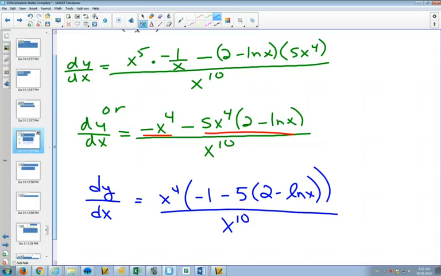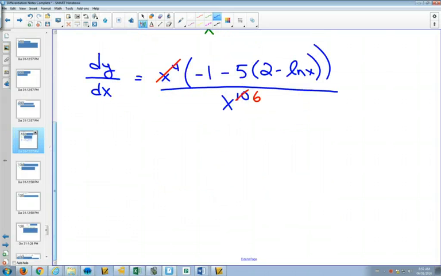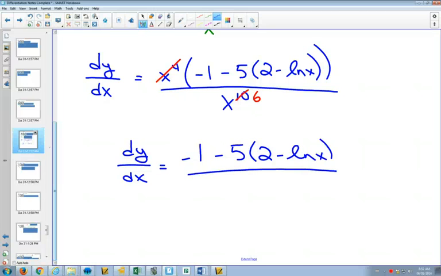And the nice thing about simplifying and taking out that x to the 4 is this will cancel out and leave only 6 there. So we can write this all over x to the 6th.